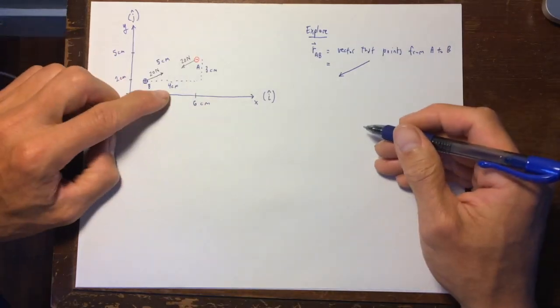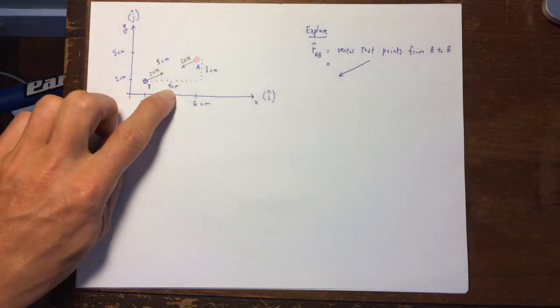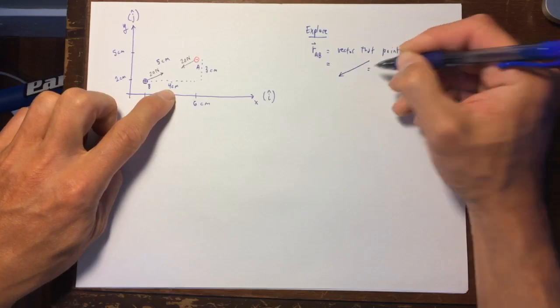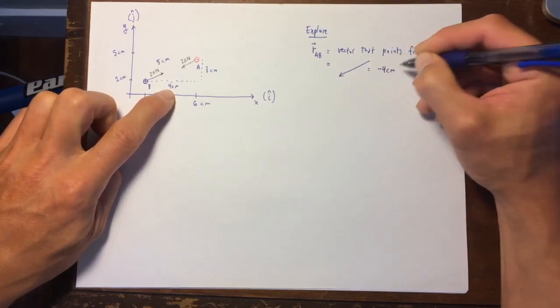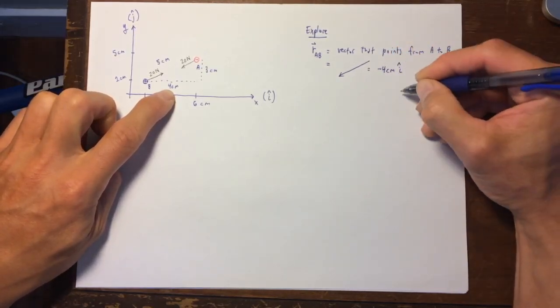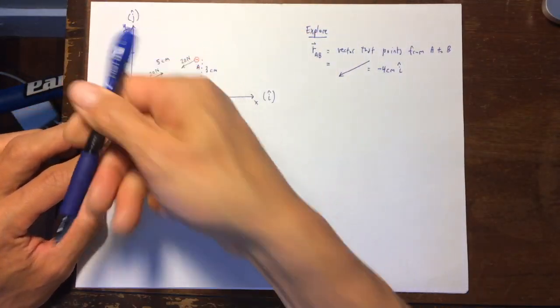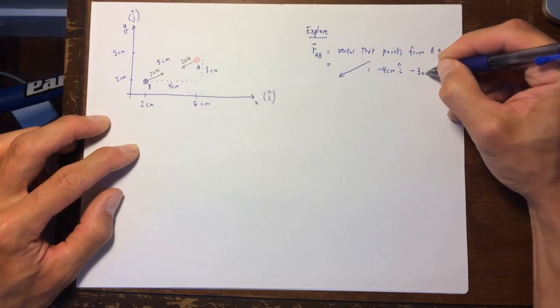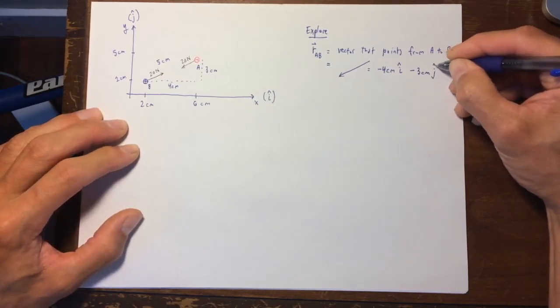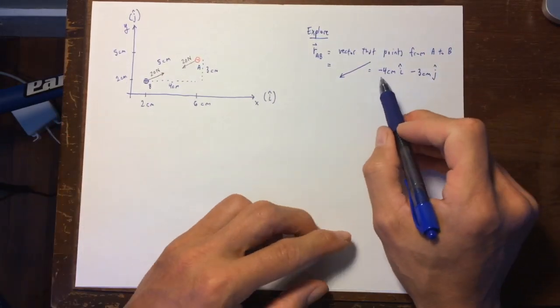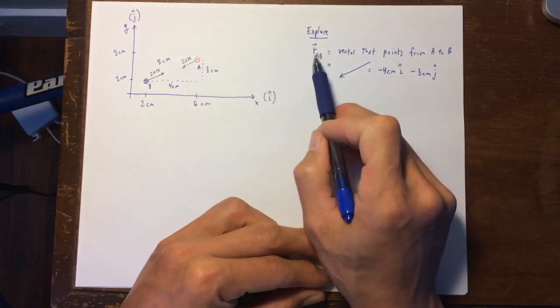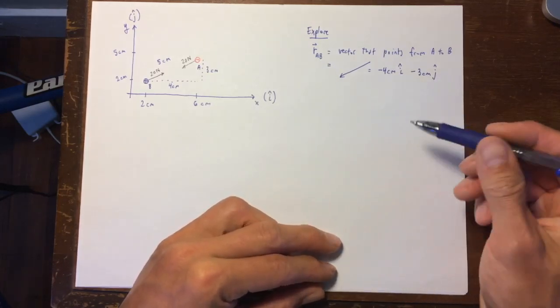So it needs to take me backwards in the x direction. So minus 4 centimeters in the x direction. So take me back in the x, but then back in the y. So I have built myself this vector in unit vector notation.